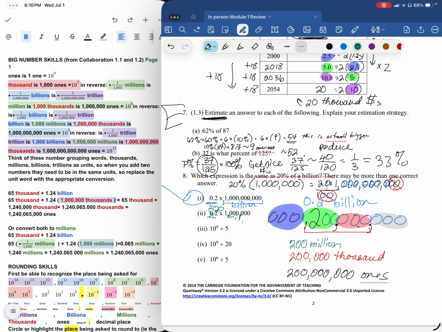10 to the ninth divided by 5. So this is a billion. 1, 2, 3, 1, 2, 3. Oops, I should be in blue. All divided by 5, which would be, that would also be 200 million.